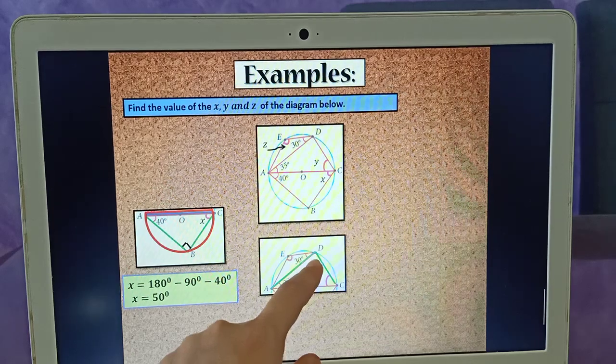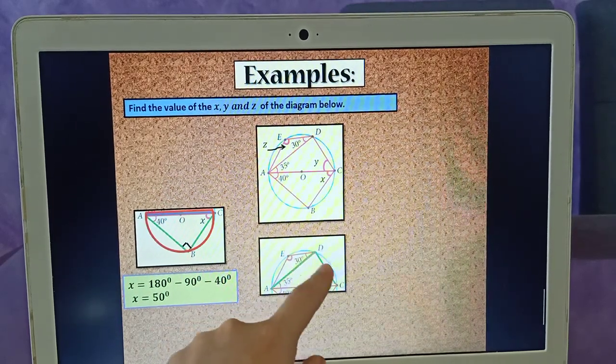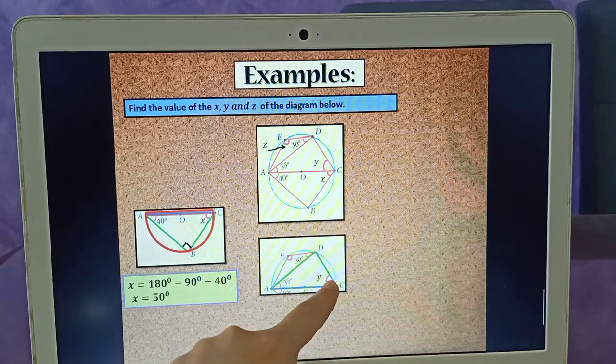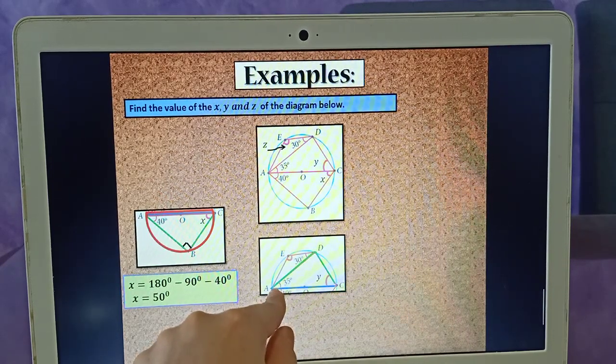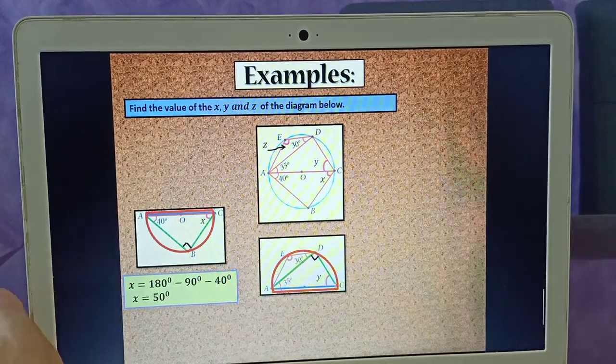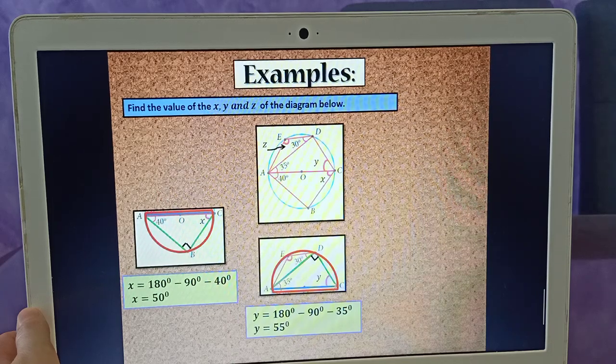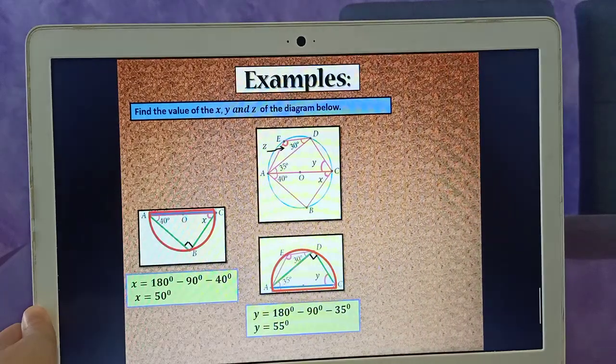This is an angle subtended at the circumference, because it is formed by 2 chords subtended by the diameter inside a semicircle. So what is this angle? 90 degrees. So to get y, we use 180 minus 90 minus 35. So you will get 55 degrees as the value for y.